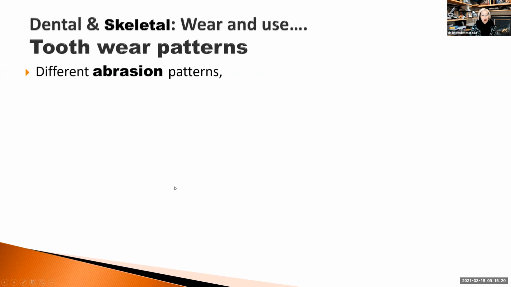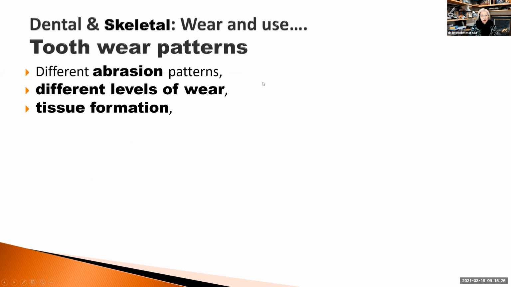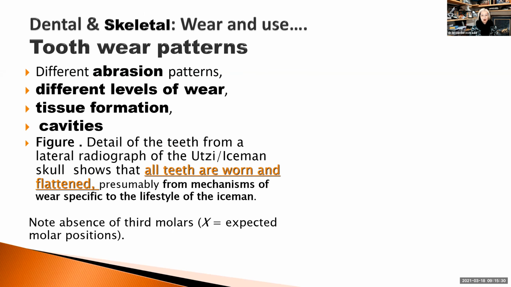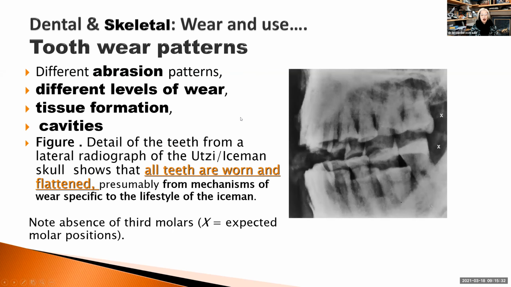So let's look at tooth wear pattern in a little more detail. Abrasion just means different levels of wear, patterns of how the tissue in the teeth formed, cavities and things like that. So let's look at this one. This is a radiograph, right? A real basic type, nothing super fancy about this. They just went ahead and put it under the scanner.